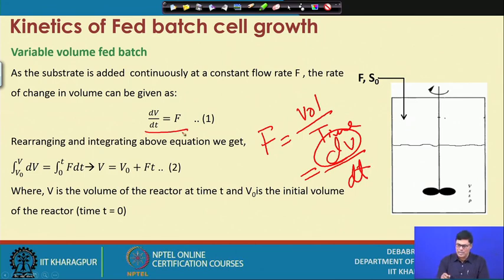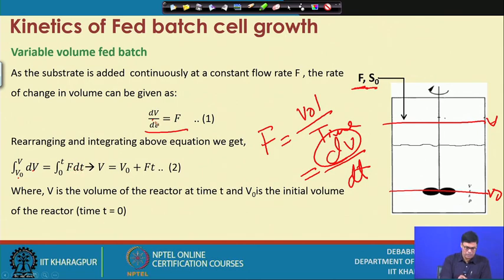Now, we are adding the substrate at a flow rate F and the initial substrate concentration is 0. So, what can we write? The change of volume V, the initial volume might be V0 and the final volume might be V. So, integrating from V0 to V, dV equals the integral from 0 to t of F dt.